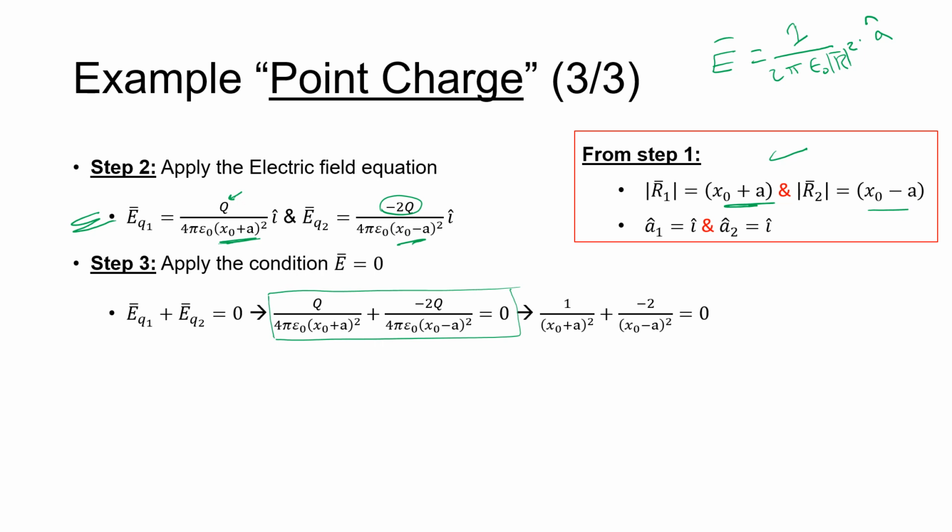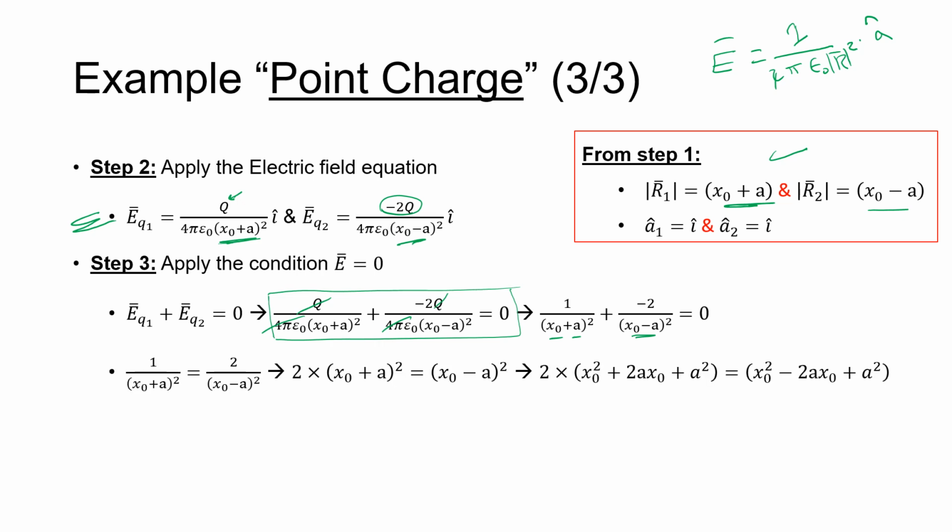Q will go with Q, and 4 pi epsilon naught will cancel with 4 pi epsilon naught, and you will be left with a condition which contains x naught and a only, and just mathematical manipulation after that. Move this one to the other side, you will get this equation here. Make cross multiplication. So you will get 2 times x naught plus a squared equal to x naught minus a squared. And just follow the mathematics.